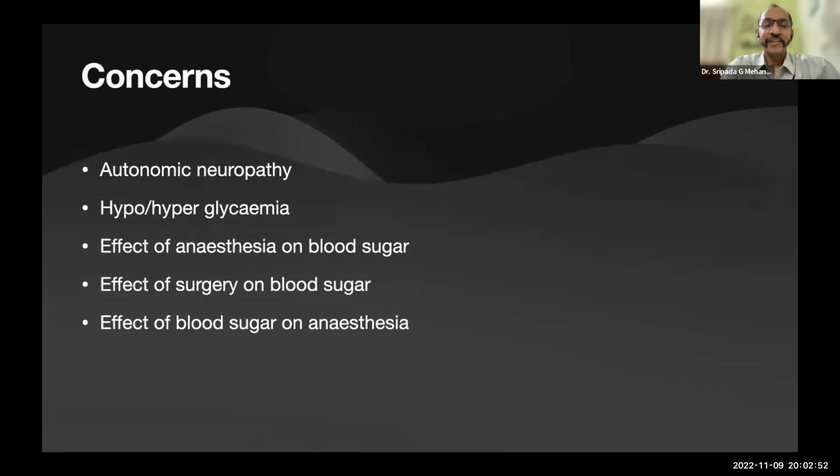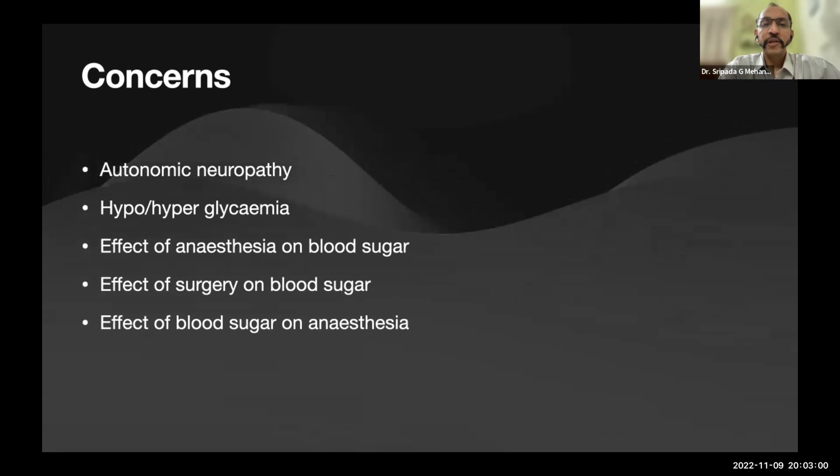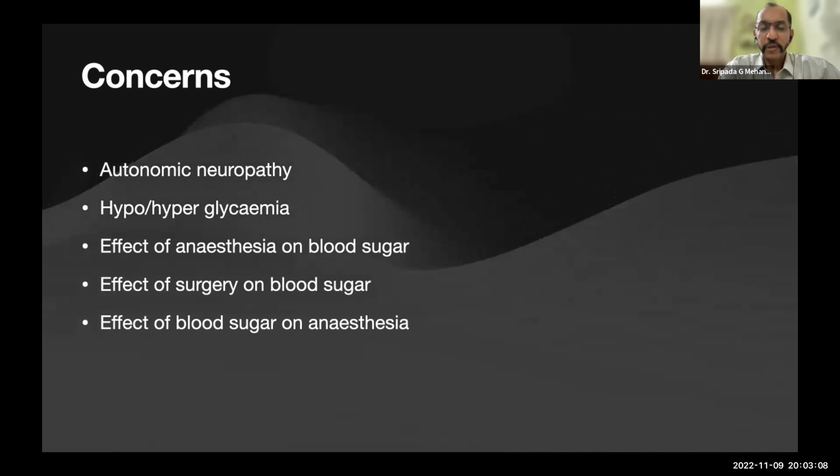As already elaborated, autonomic neuropathy is one of the important concerns in a patient who is coming to get anesthetized. Unfortunately, many times autonomic neuropathy is either not diagnosed, it is subclinical, and then we have to look for it, and the residents may be a little wary because the tests are not so easy to conduct.